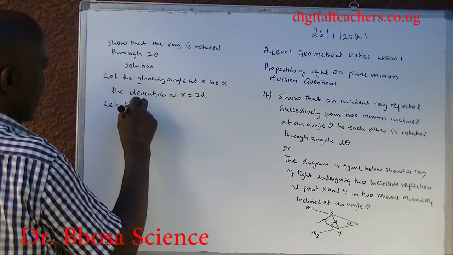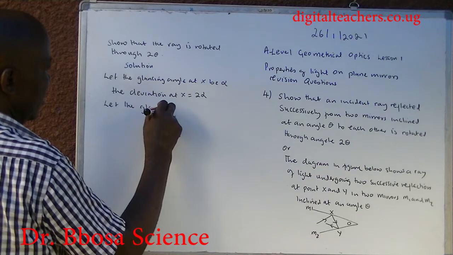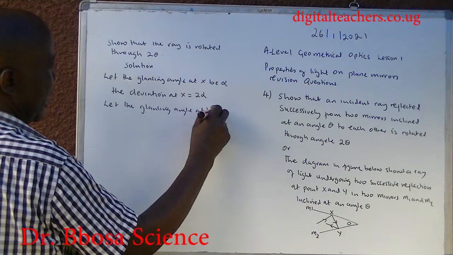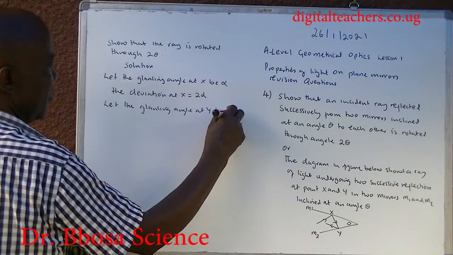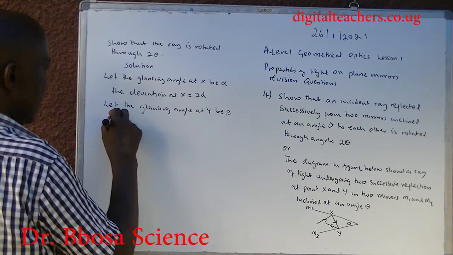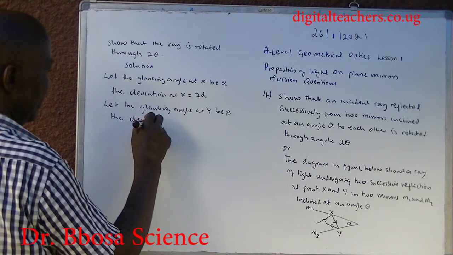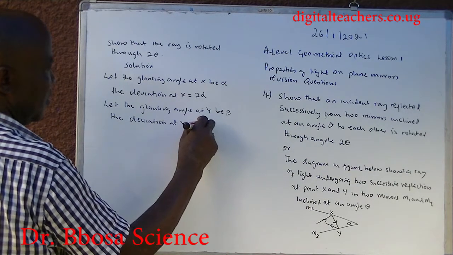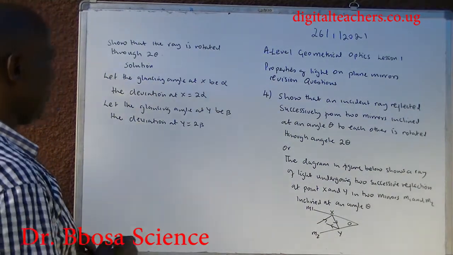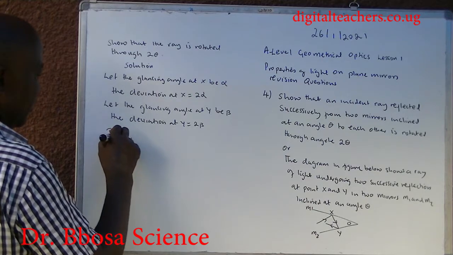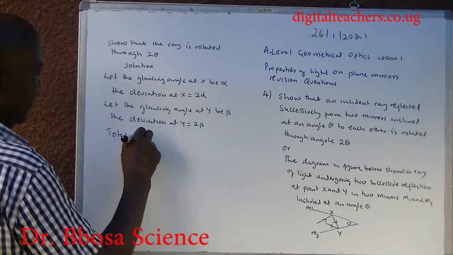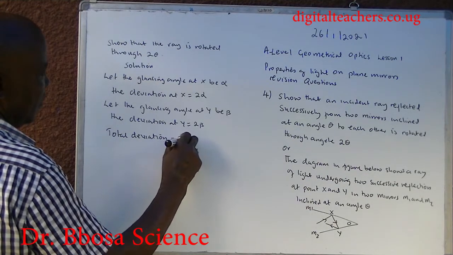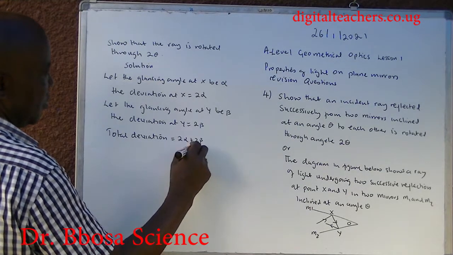Let the glancing angle at Y be beta. The deviation at Y will be equal to 2 beta. Total deviation is equal to 2 alpha plus 2 beta.